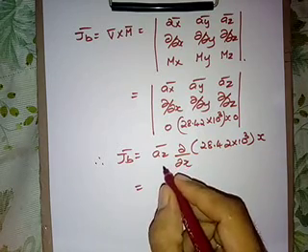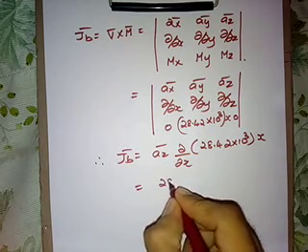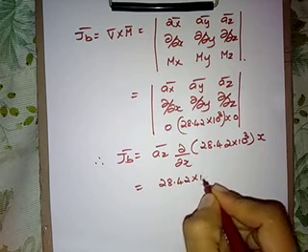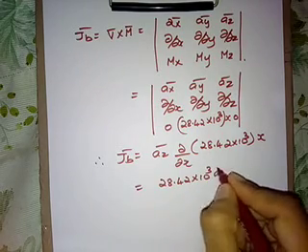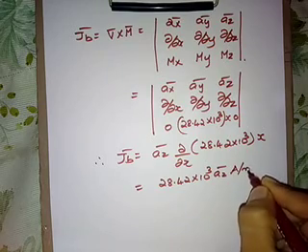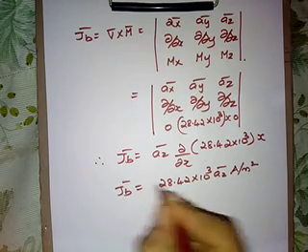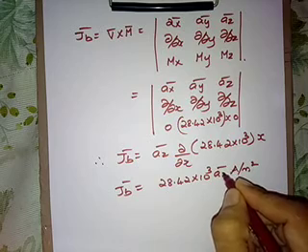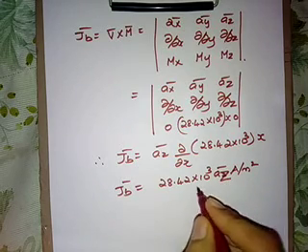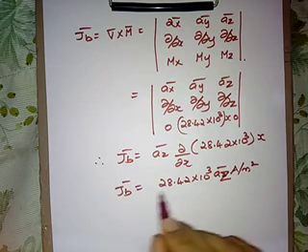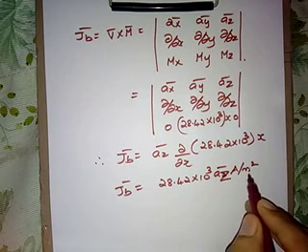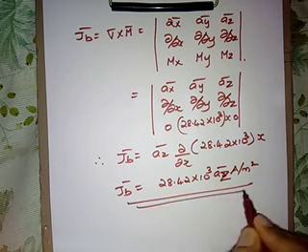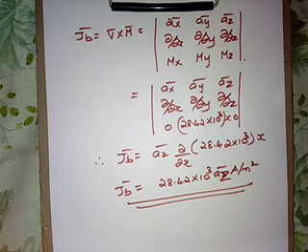So this comes out to 28.42 into 10 raised to 3 Az bar ampere per meter square. That is JB bar. So JB bar is equal to 28.42 into 10 raised to 3 Az bar ampere per meter square. Okay. So this is how we have solved this example.